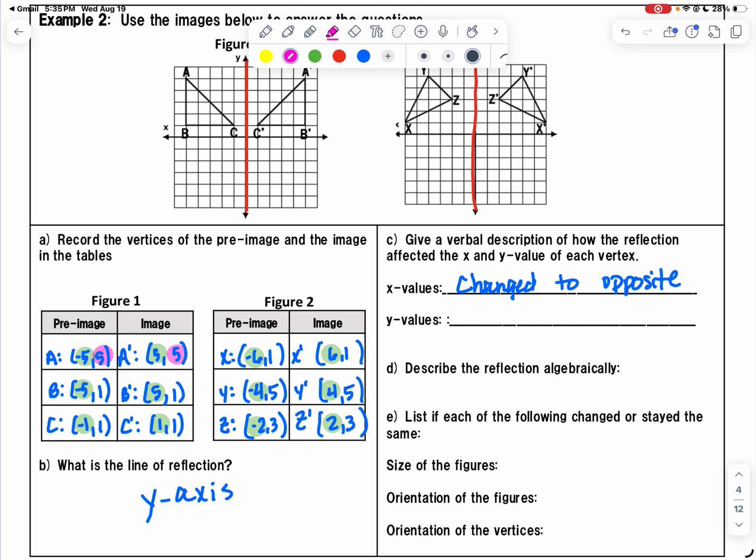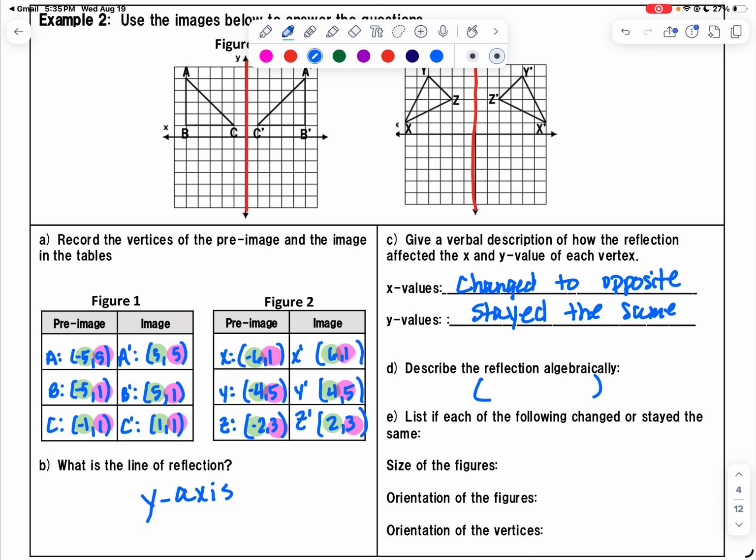5, 5, 1, 1, 1, 1, 5, 5, 3, 3. So it looks like the y values stayed the same. Now, to describe our reflection algebraically, draw big parentheses, and let's talk about what happened to x.